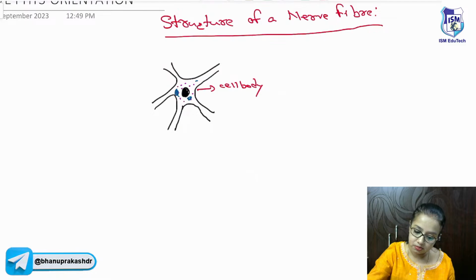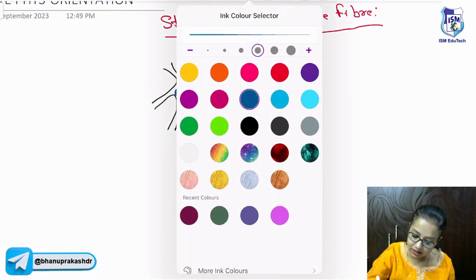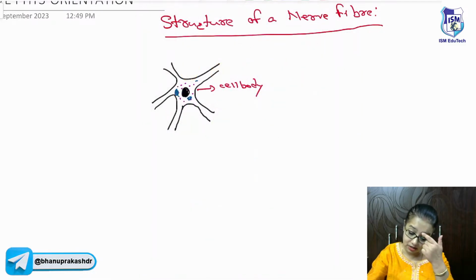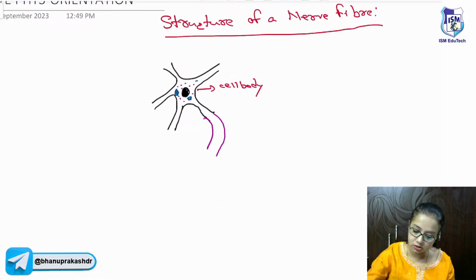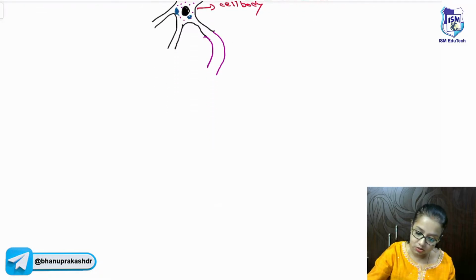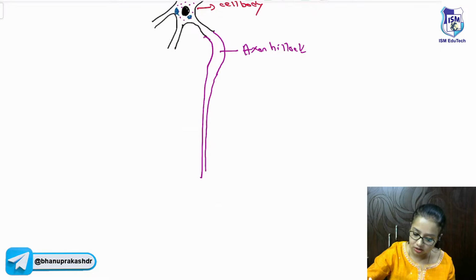Now, from a widened area just leaving the cell body, there is the initiation of the axon. This widened area is known as the axon hillock, which then forms the main structure, which is the axon.